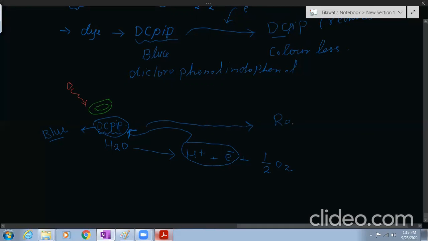When this DCPIP is reduced, it will become colorless. So if my solution under study becomes colorless, it shows me that the light reaction of photosynthesis takes place here.